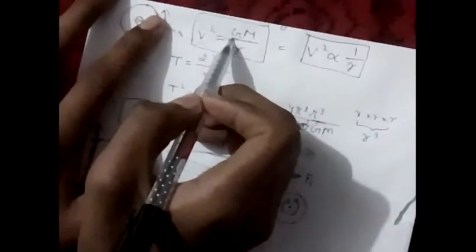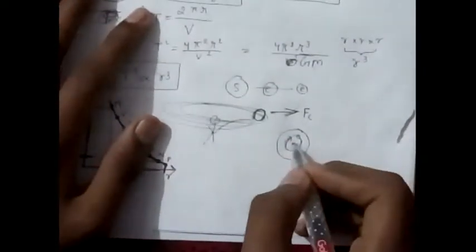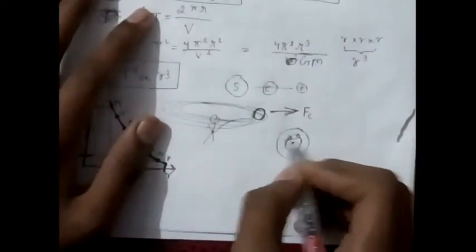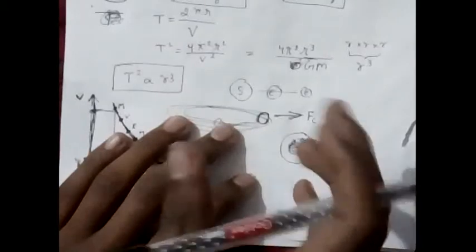The gravitational constant is constant, but as the experiment says, the mass would not be constant. The mass would be only the one enclosed inside the orbit. That means mass will be reduced.